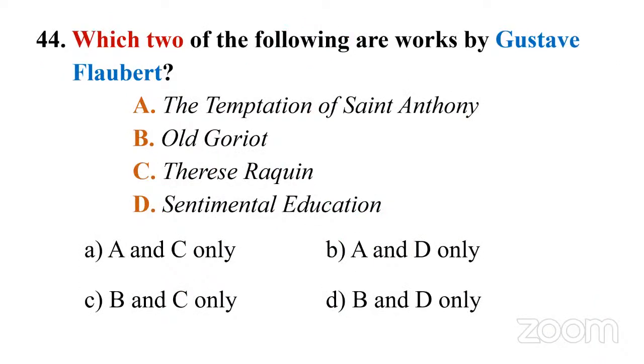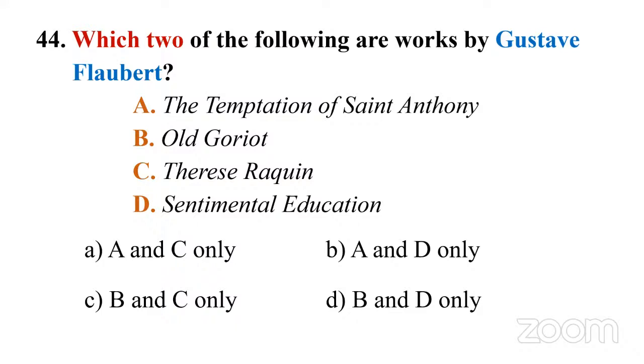44. Which 2 of the following are works by Gustave Flaubert? Gustave Flaubert, French writer. We have 4 options. A, The Temptation of Saint Anthony. B, Old Goriot.